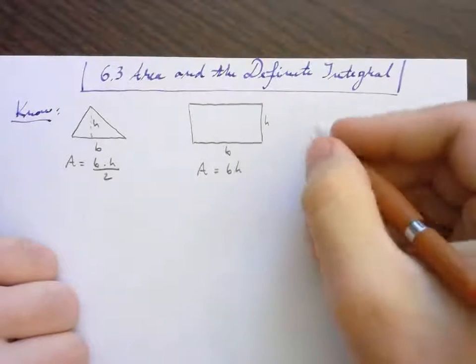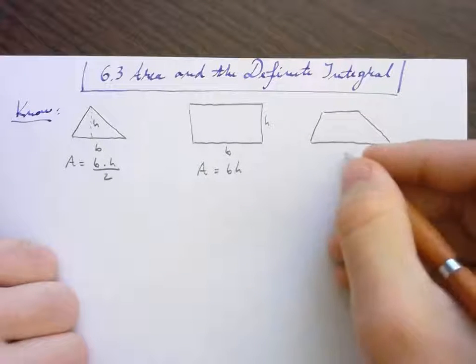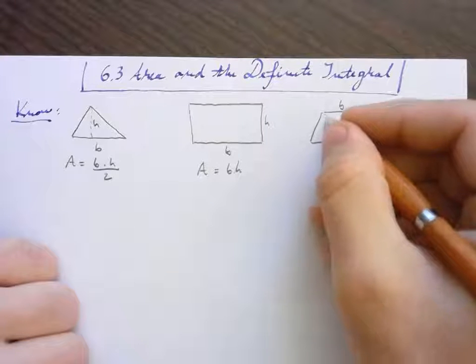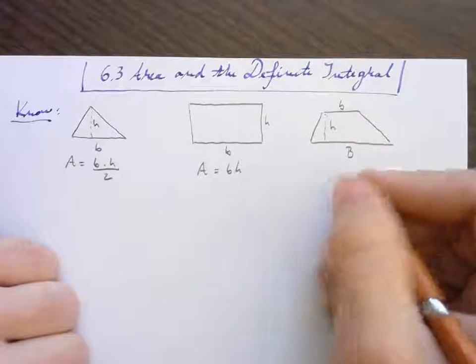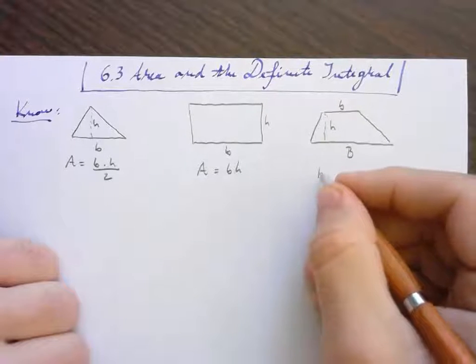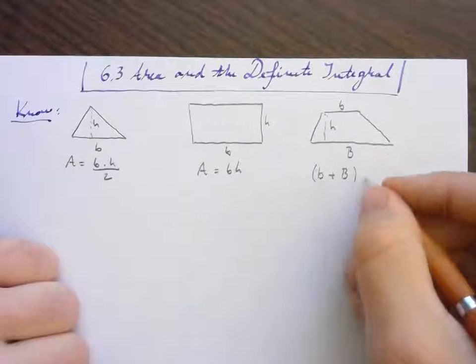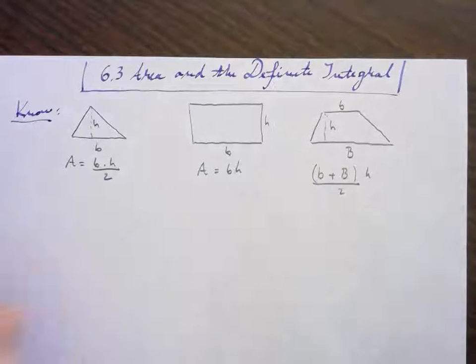We know the area for a trapezoid. So here we have a large base, a little base, and I have the height of that, and the area of this is going to be little base plus large base times height all over 2. And there are of course other regular shapes for which we know the area.